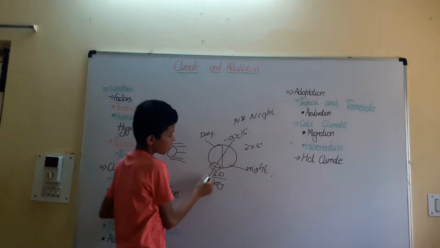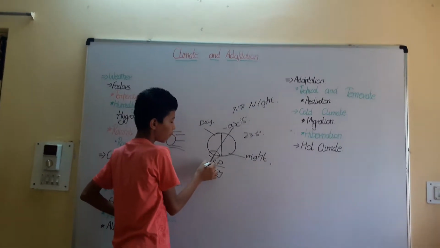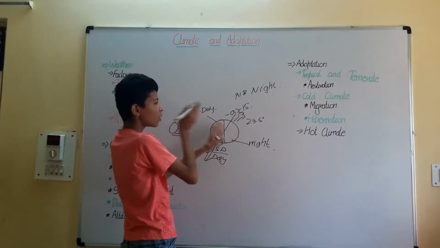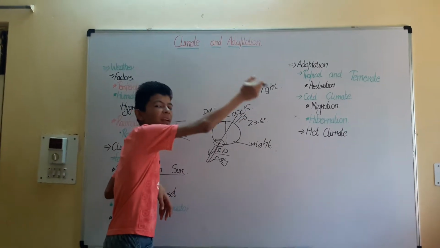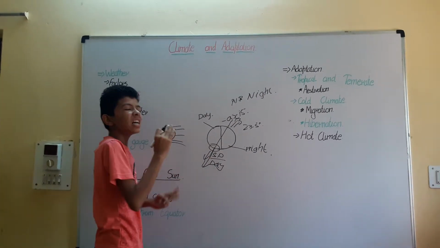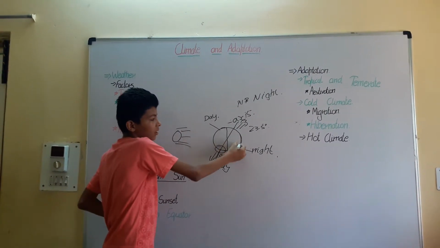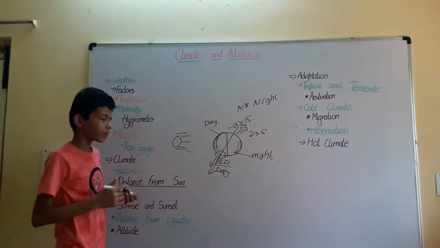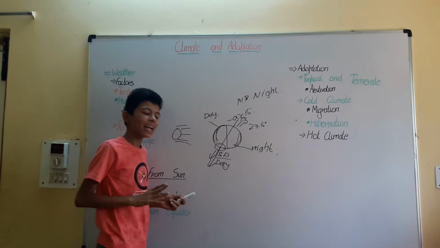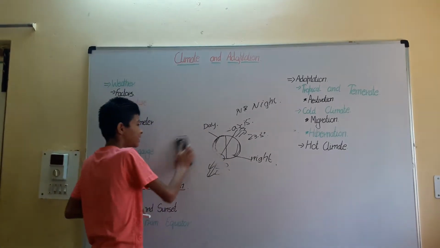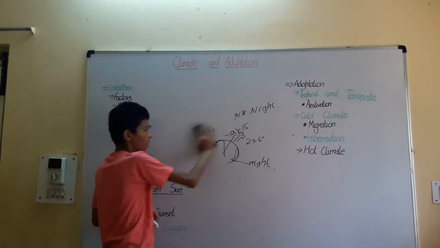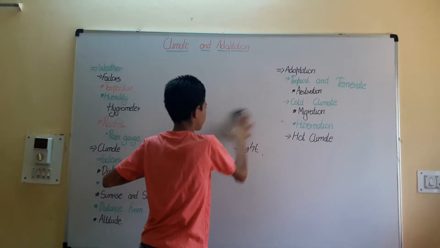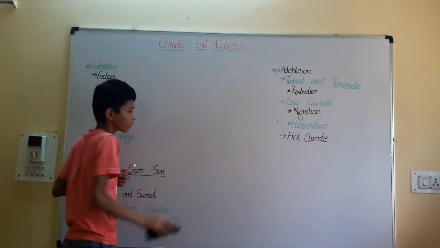When the earth rotates, the North Pole remains the North Pole and the South Pole remains the South Pole, but this area changes its position from night to day. So there are 6 months of day and night. Distance from the sun also determines the climate of the earth.